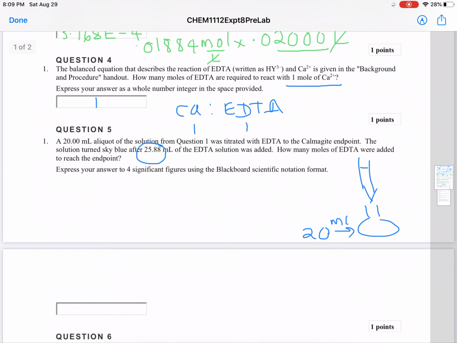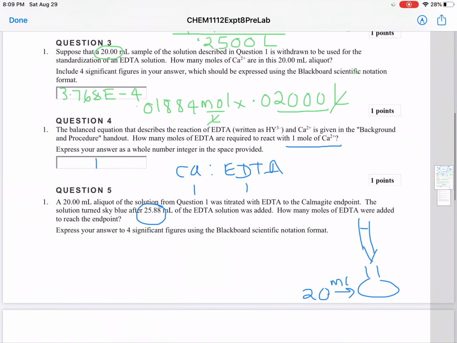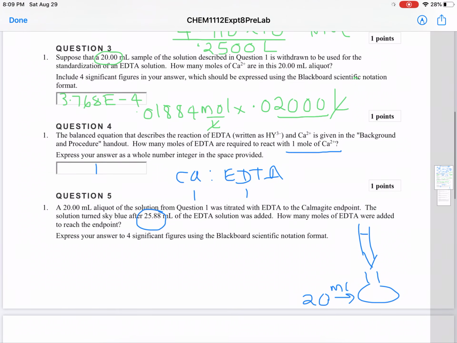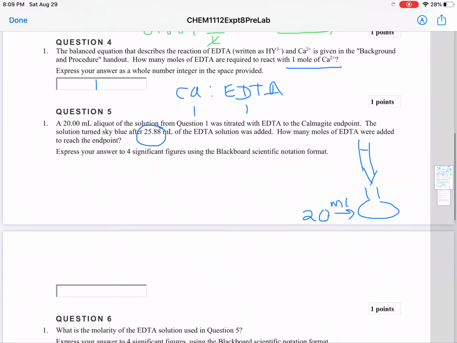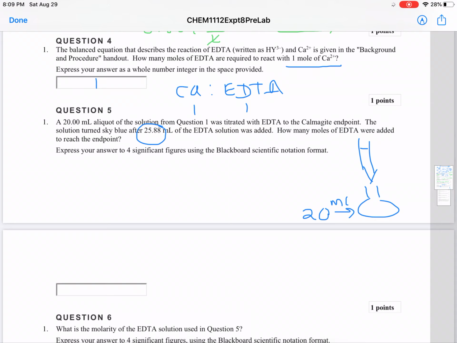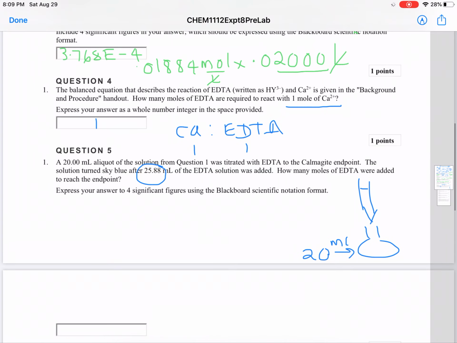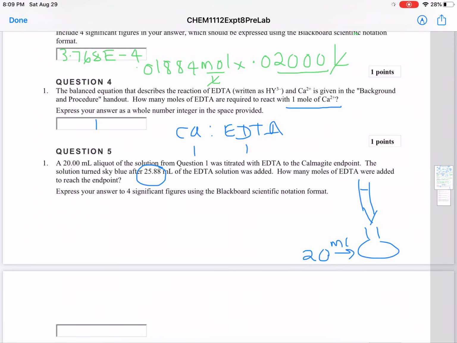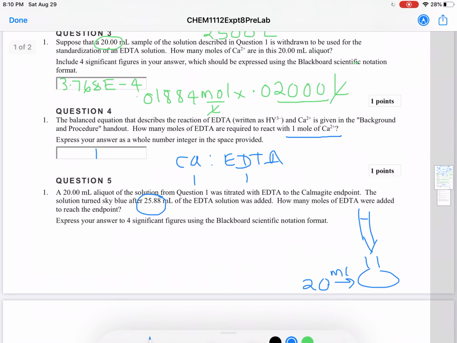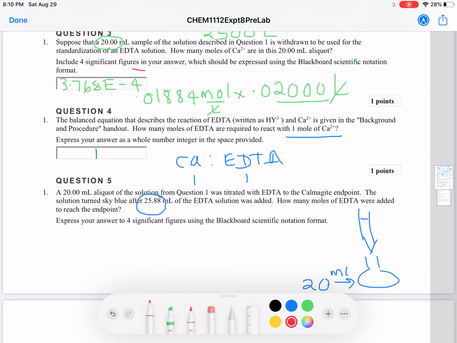I believe we did, in question number 3. Since the molar ratio is 1:1, the number of moles of EDTA also has to be the same number, which is what we found here. This is the number of moles of calcium ions in the 20 milliliter sample.